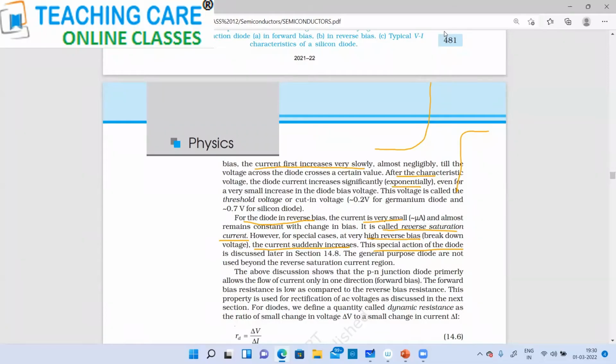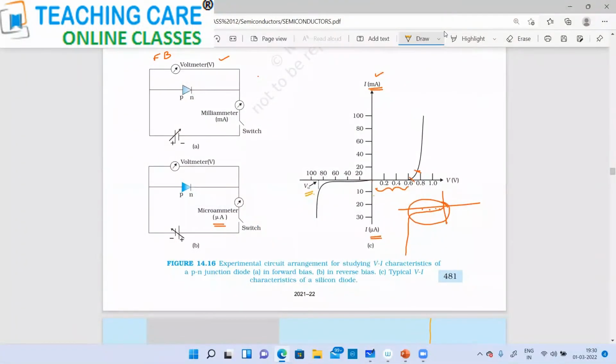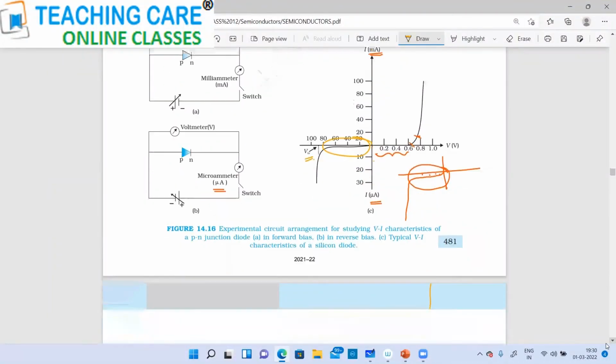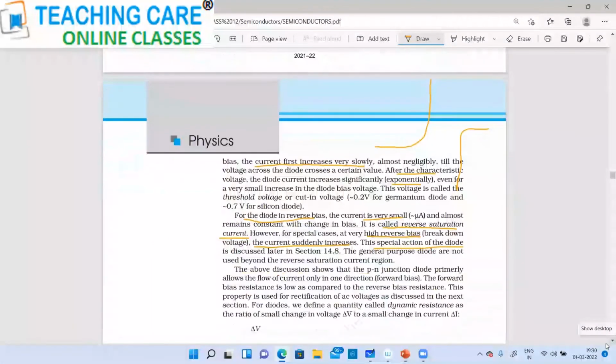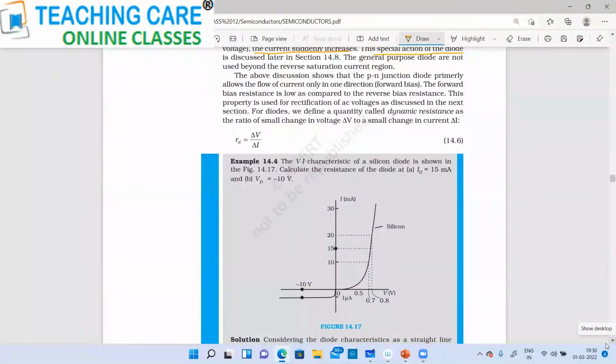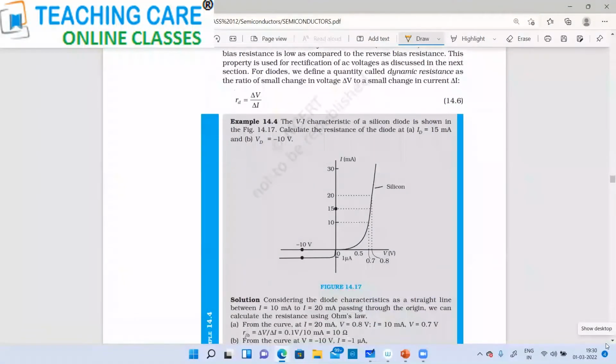Yes, Pandya. Now the graph is clear. Whatever points I told you, you can note down, the milliampere, micro, everything. Now we are going to learn an important term, dynamic resistance. What is dynamic resistance? Dynamic resistance is the ratio of small change in voltage to small change in current.